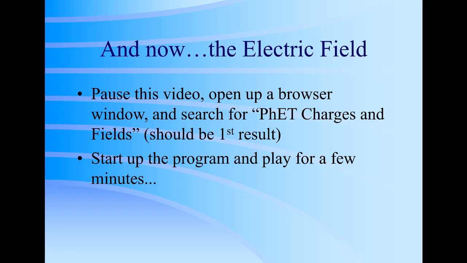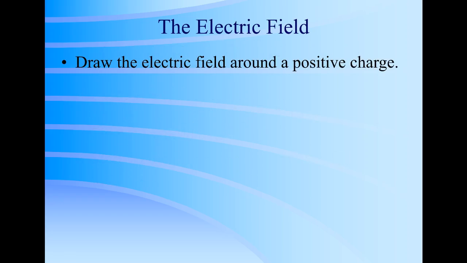Okay, so what are some things that we hopefully saw by exploring this PhET simulation? First of all, we can draw the electric field around a positive charge. Okay, so a positive charge would be like this, and instead of having a little m that we move around everywhere, we have a little q.